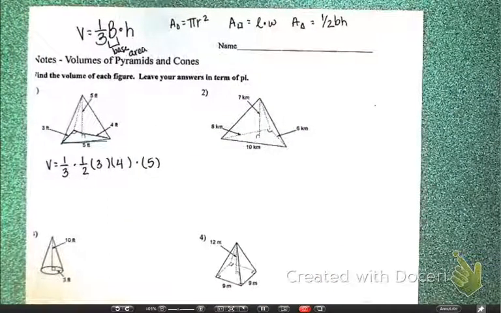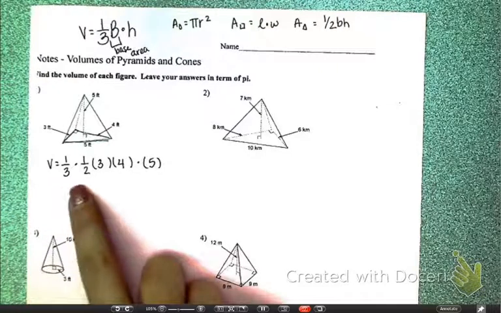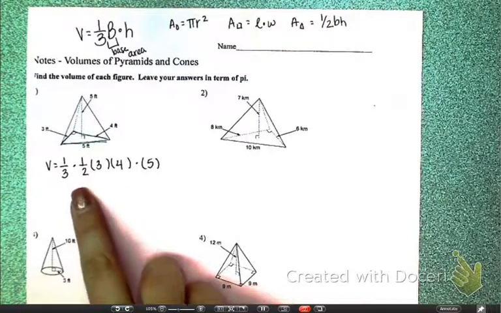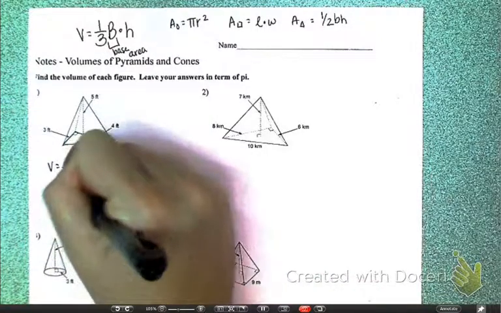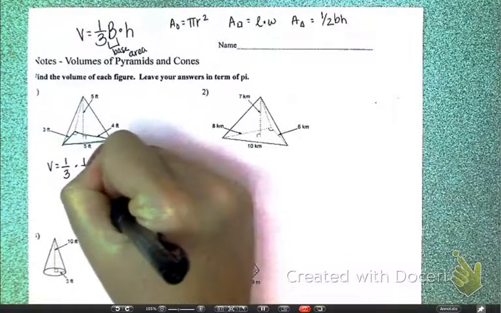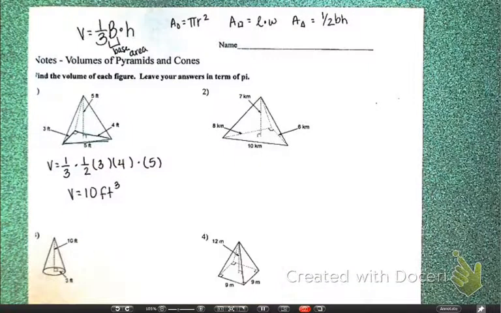Okay, so we need to plug that into our calculators. I would do 3 times 4 times 5, and then this is really 1/6. So you can divide everything by 6, or you can plug it all in separate, however you want, but I'm getting 10 feet cubed.